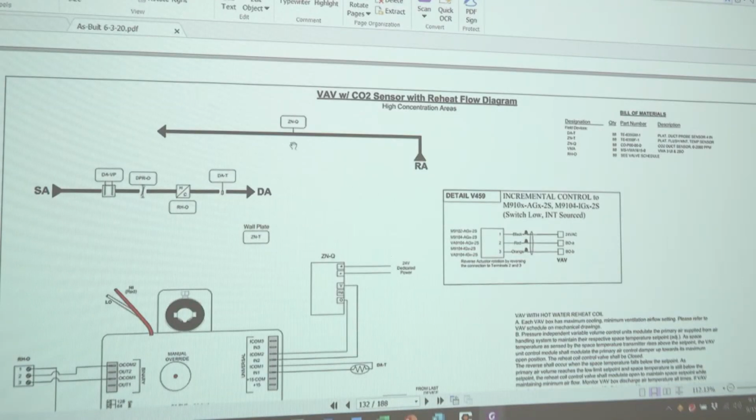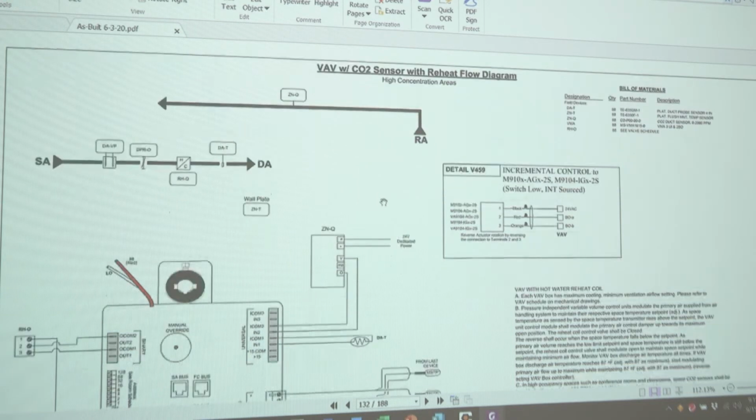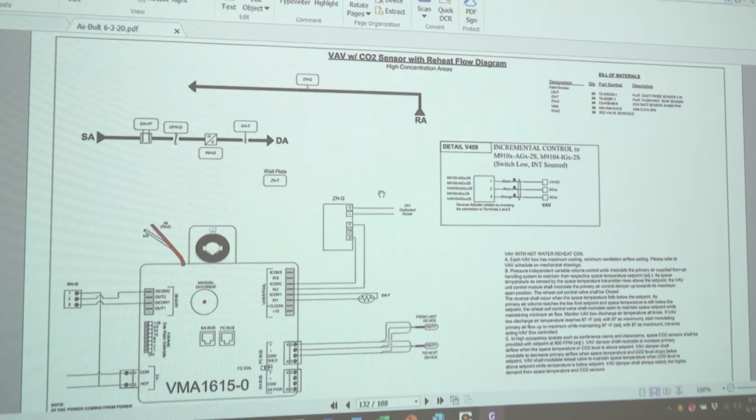You also have CO2 sensors that are incorporated on numerous VAV boxes that serve high concentration areas. These CO2 sensors are incorporated into the universal inputs.